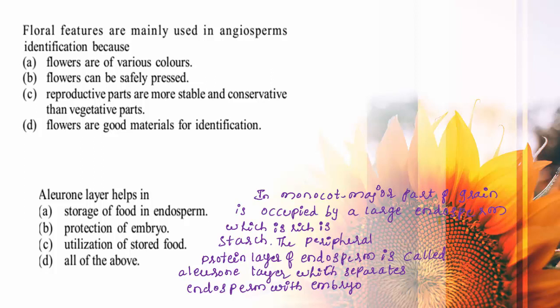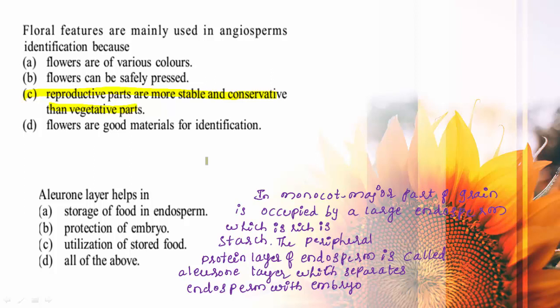Angiosperms are commonly called flowering plants, and flower features are used for the identification of the angiosperms because the flower is modified stem meant for sexual reproduction in the angiosperms, whose parts are more stable and conservative in comparison to the vegetative parts, so that the floral features are used in angiosperms for the purpose of identification.